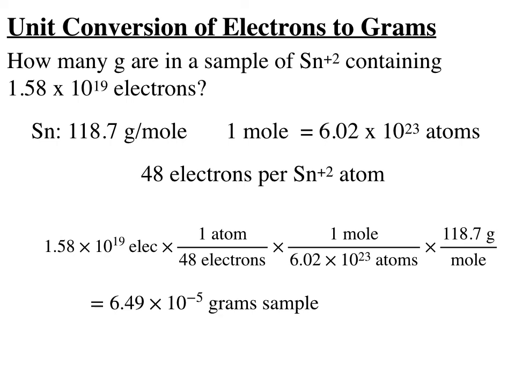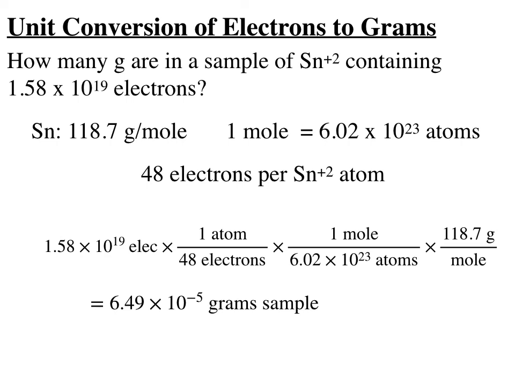Well, the first thing you might recognize is that that is not the molar mass of tin plus 2, that's the molar mass of tin. And we're missing quite a large number of electrons when we determine that mass. Well, what I would point out to you is that the mass of an individual electron is so light, as a matter of fact, it's about 1,800 times lighter than the other nucleons, the neutron or the proton, that even leaving out that huge number of electrons from the sample, it will only change the significance of this tin molar mass in the fourth digit.